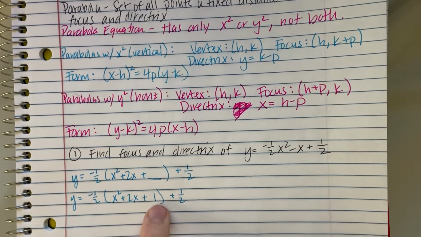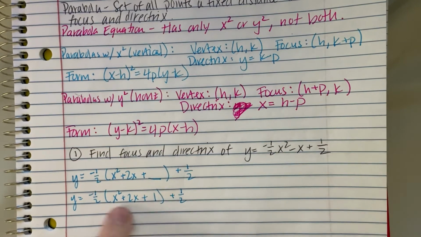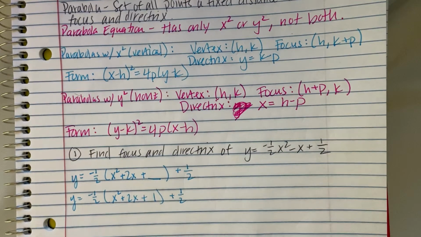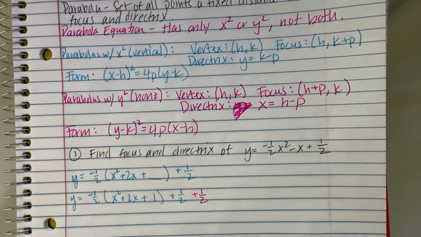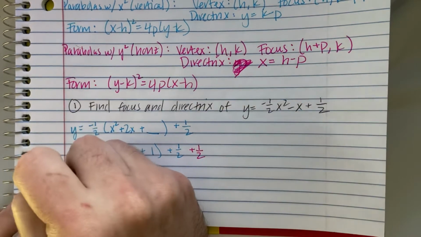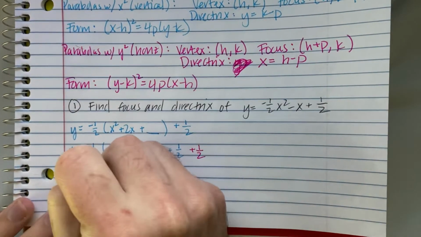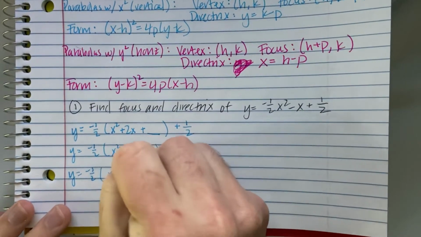It's really multiplied by negative 1/2, so I'm subtracting 1/2 in order to put that in there. To counteract subtracting 1/2, I also have to add 1/2 on the outside. So this is really y equals negative 1/2 times x plus 1 squared, plus 1 on the outside.